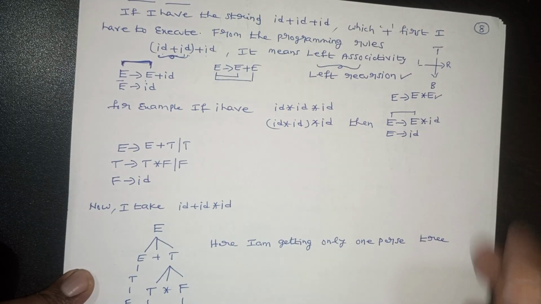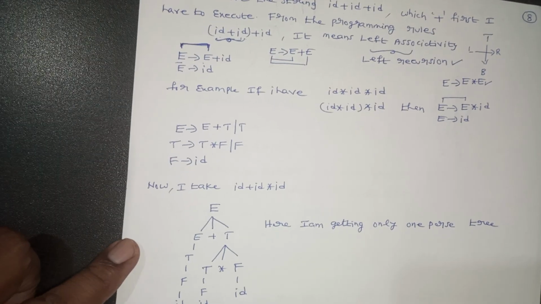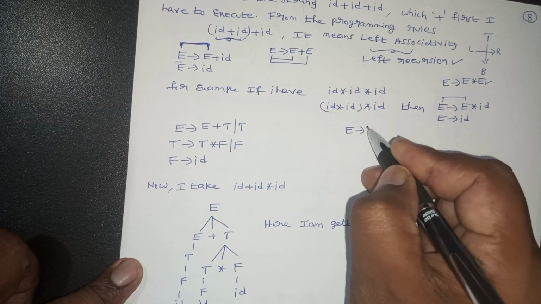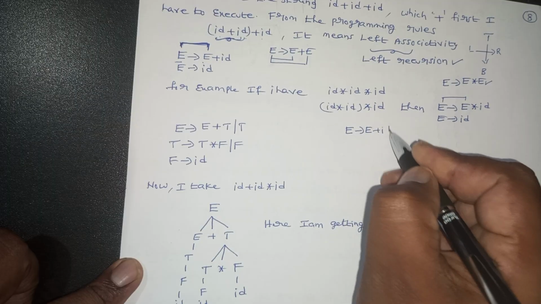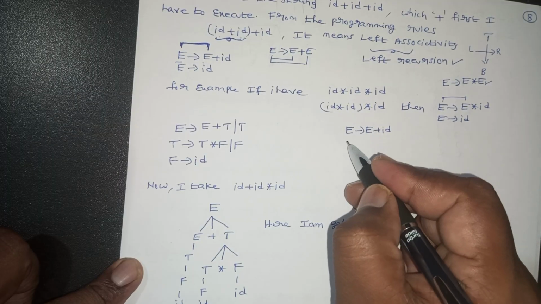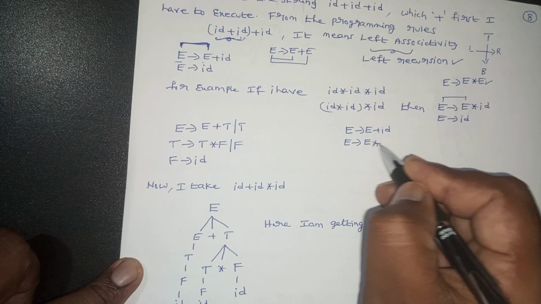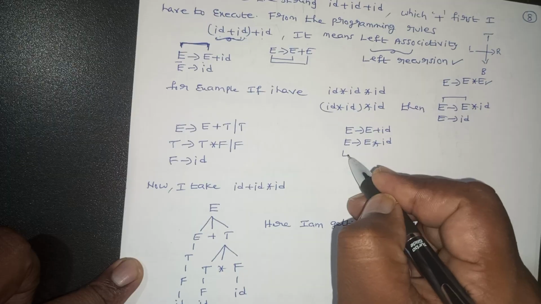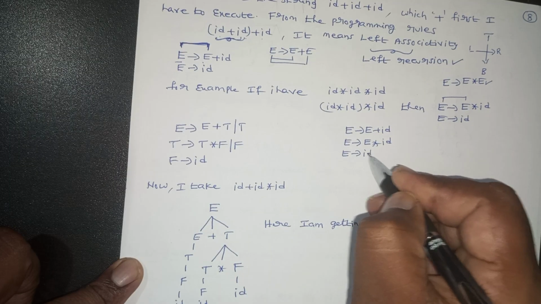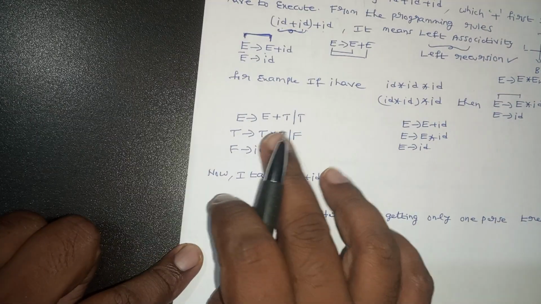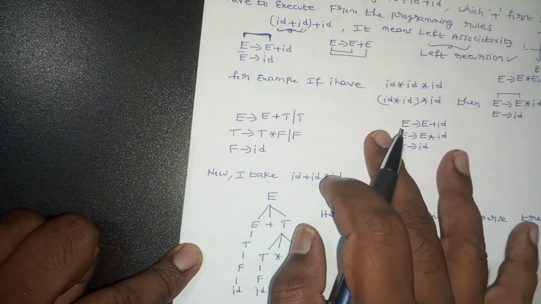Then what you write? Finally I am updating E tends to E plus id. I'm writing here one more time, E tends to E star id. Finally it tends to id. This is what I'm getting. Now this is modifying as same. Both are same.